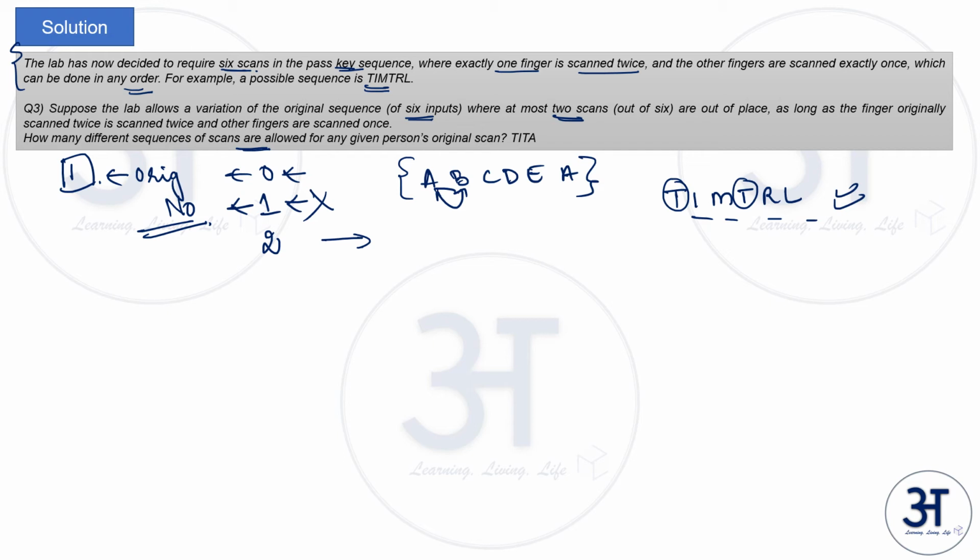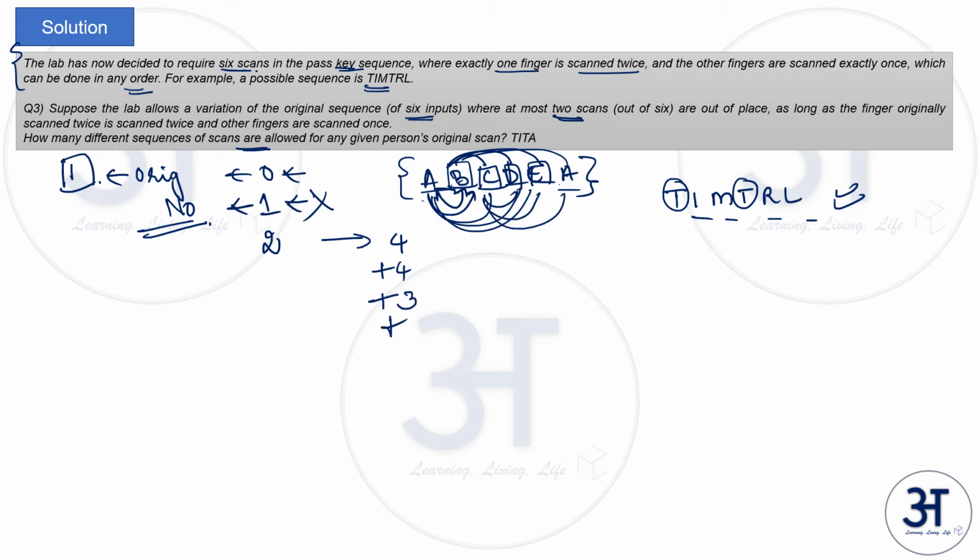So now let me take A, B, C, D, E, A, where A is repeating twice. A can shift with B, C, D, E. So it is 4 possibilities. And A can't shift with A, because even if A shifts with A, it is essentially the same sequence. Similarly, B can shift with C, D, E, and A: 4. C can shift with D, E, A: 3.